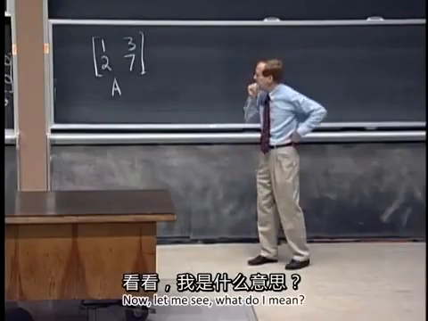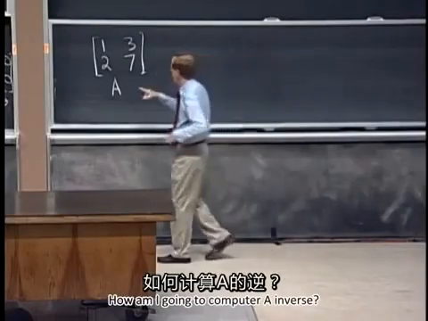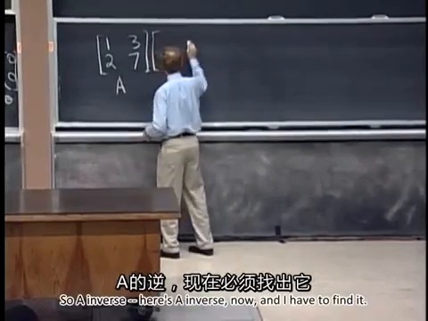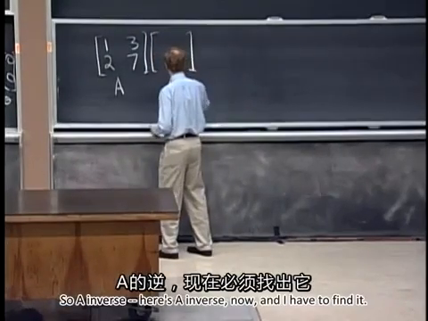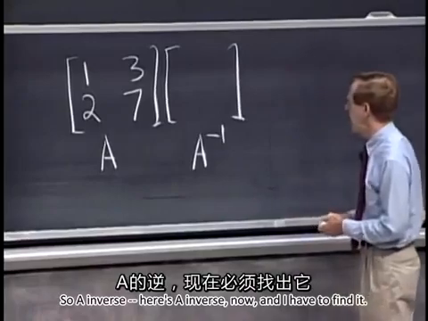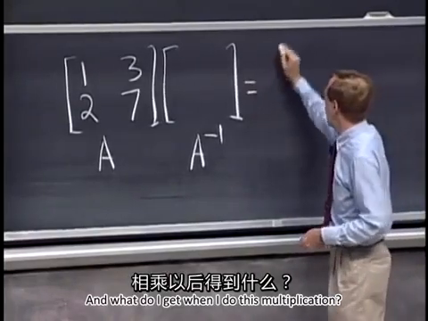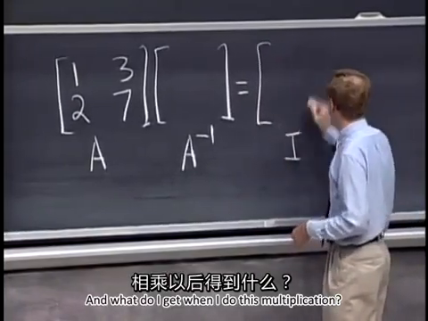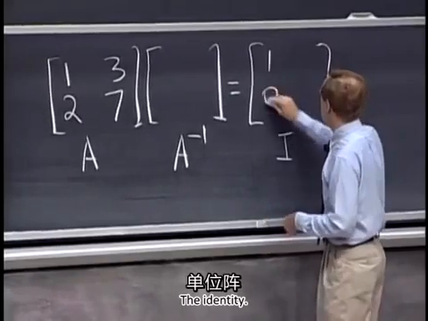Now, what do I mean? How am I going to compute A inverse? So here's A inverse, and I have to find it. And what do I get when I do this multiplication? The identity.